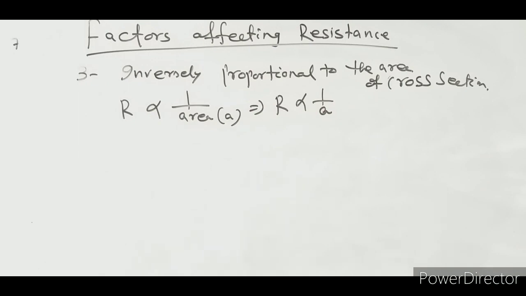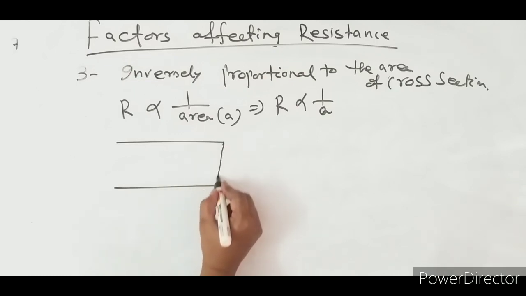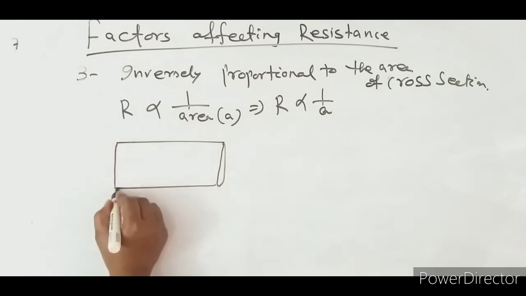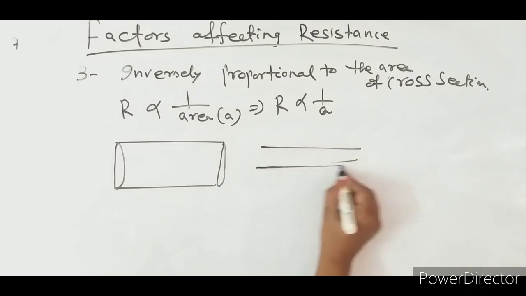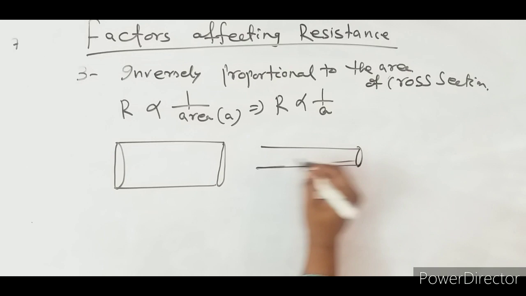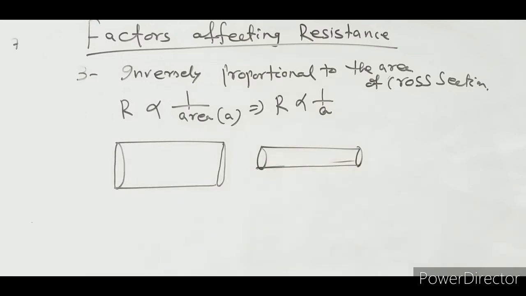Means, if I am taking this one, the thicker wire, and I am taking this one having the same length, but I am talking about some thicker wire and this one is the thinner wire, in which case resistance will be more?